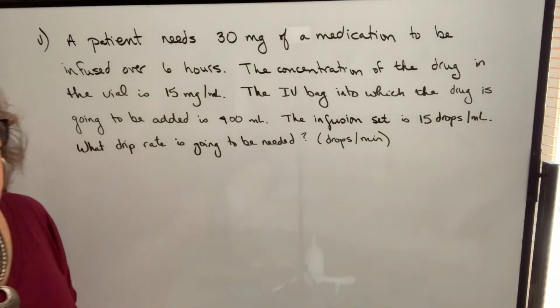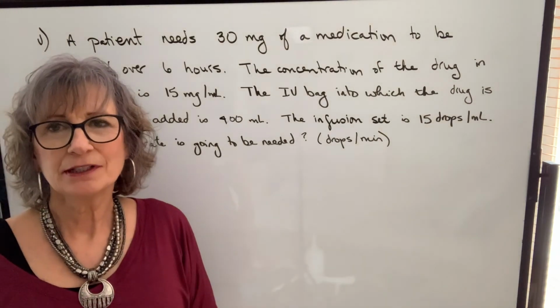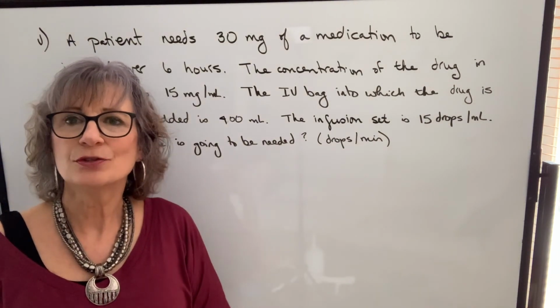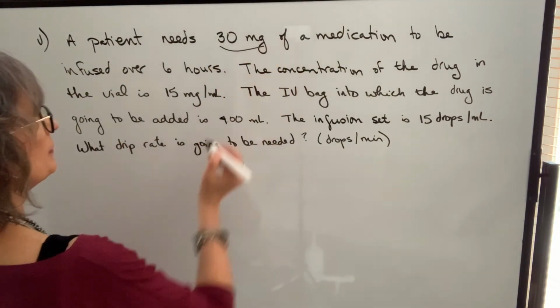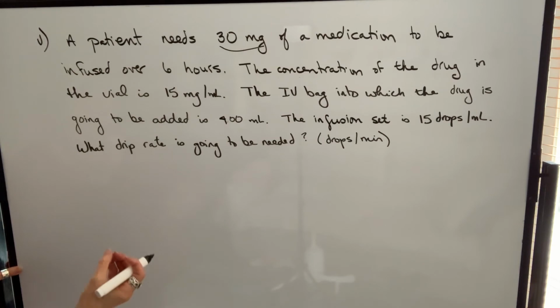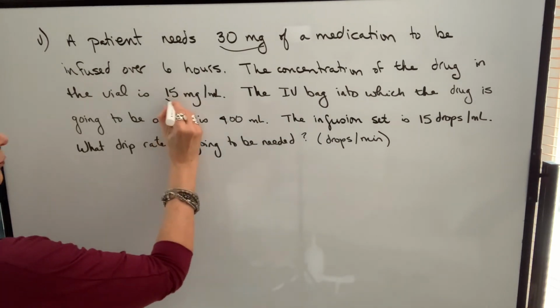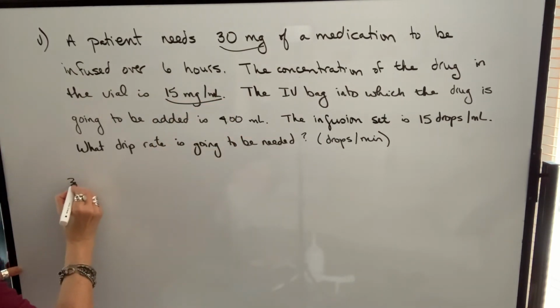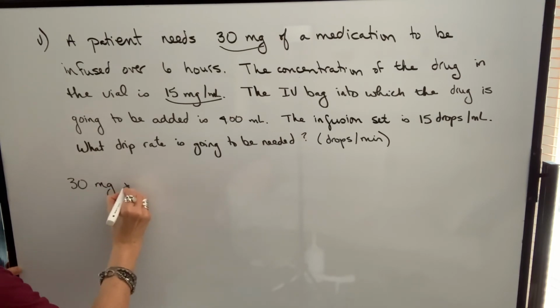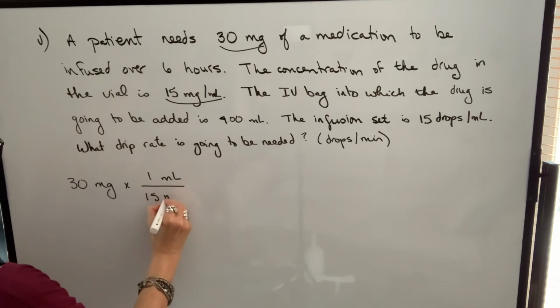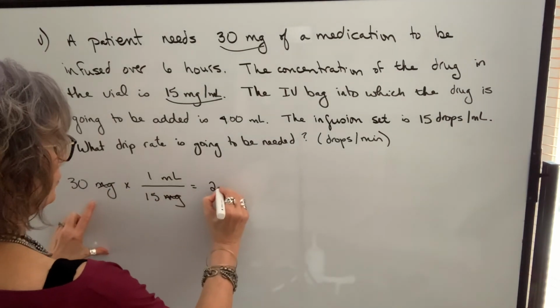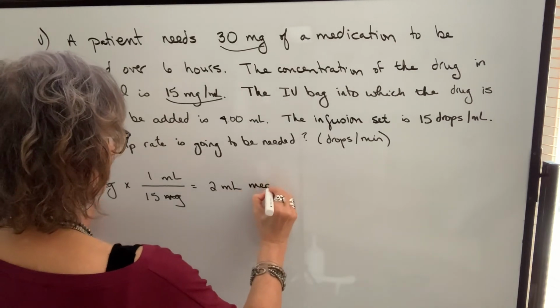So our first step is to find out how many milliliters of drug needs to be added to the 400 milliliters of fluid. We know we need 30 milligrams of that medication. So what volume is needed? We use the concentration. So if we have 30 milligrams, we know that 1 milliliter contains 15 milligrams. So we know we need 2 milliliters of medication.